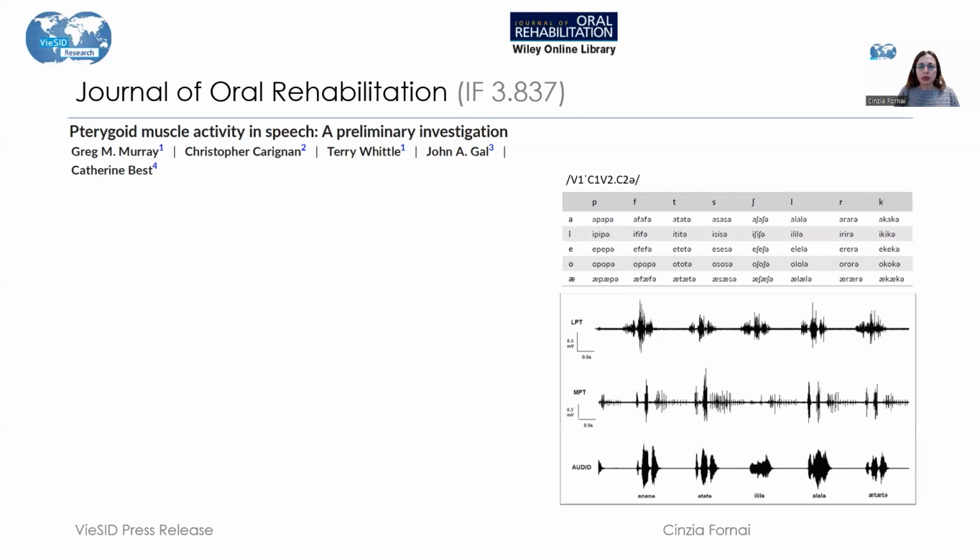They used intramuscular electromyography recording to assess the activity of the medial and lateral pterygoid muscles during the pronunciation of nonsense words. These were used to present the desired combination and sequence of vowels and consonants.